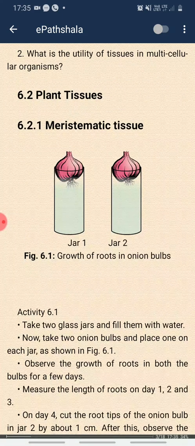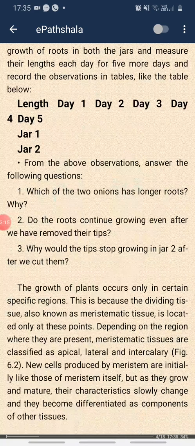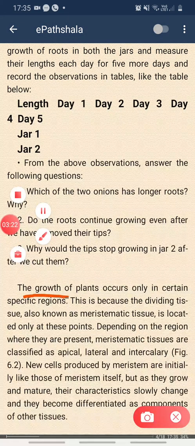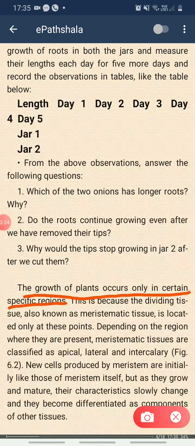In the root tip there are some cells which we call meristems, the cells responsible for growth. Just read this line: the growth of the plant occurs only in specific regions. Once you remove the tip, it does not grow further. So you can understand that growth of the plant is possible only in specific regions, and this is because the dividing tissue, also known as meristematic tissue, is located only at these points.